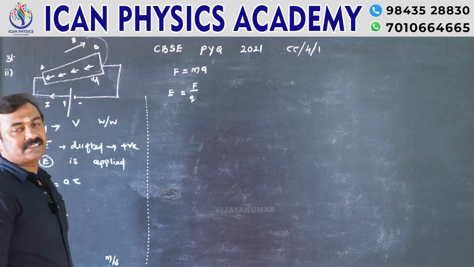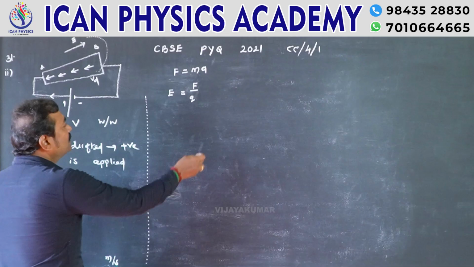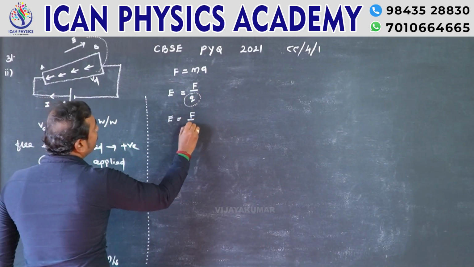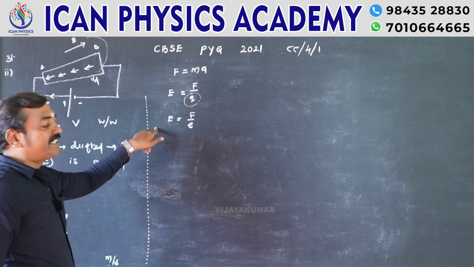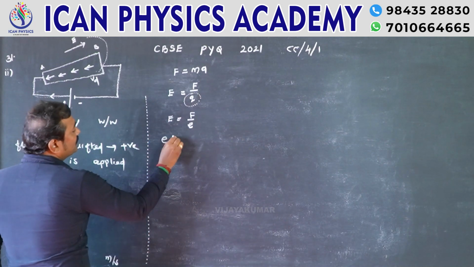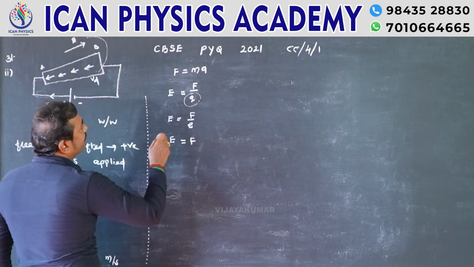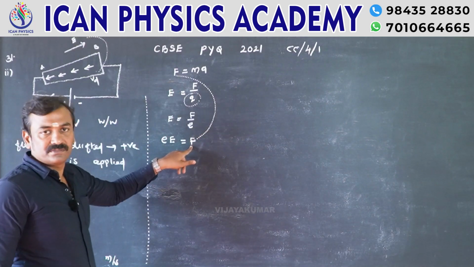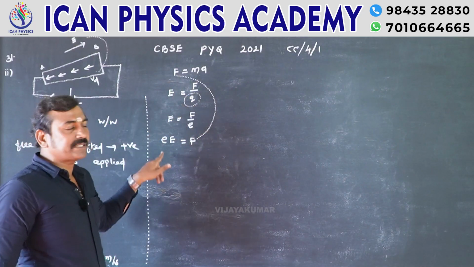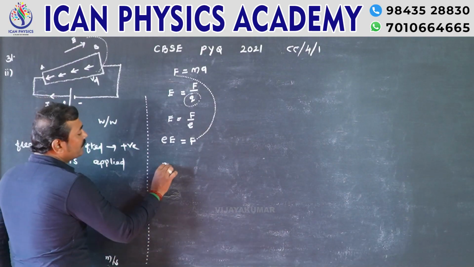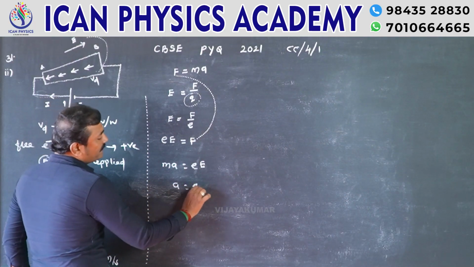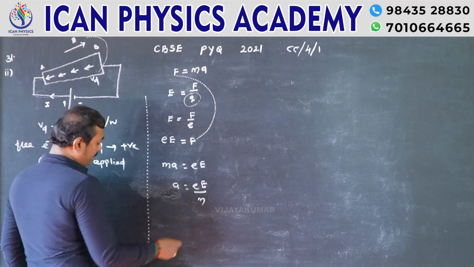But in our question, the word given is electrons, so instead of Q we write E equals F by e. So F equals eE. Now compare these two. These two sides are equal, so m a equals eE. So a equals eE by m.